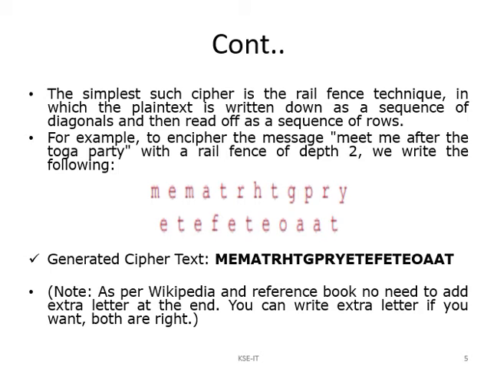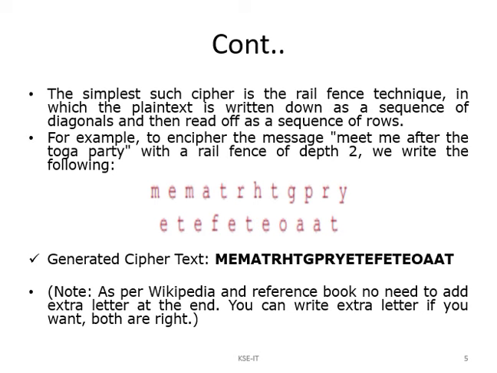So, in the rail-fence cipher, you have to write the plain text column wise and read it row wise to get the cipher text. But you have to keep in mind that whatever key is given to you, you have to make that many rows.